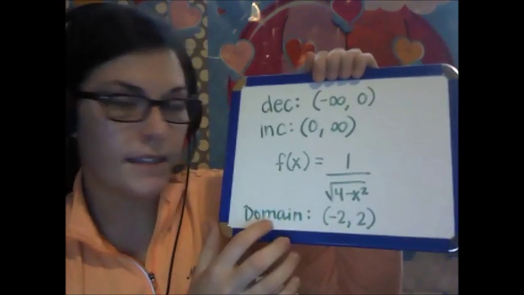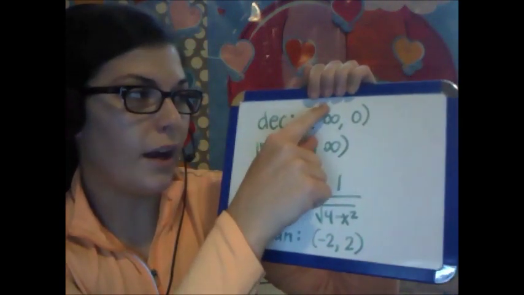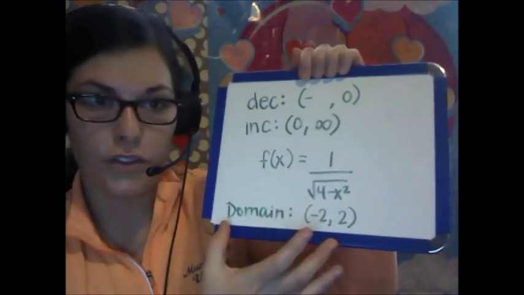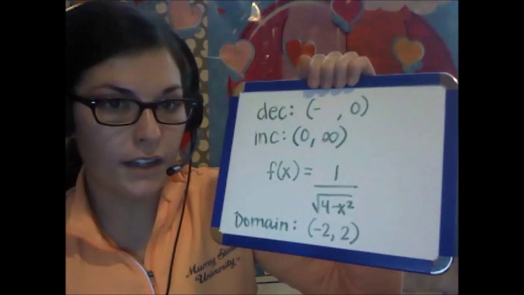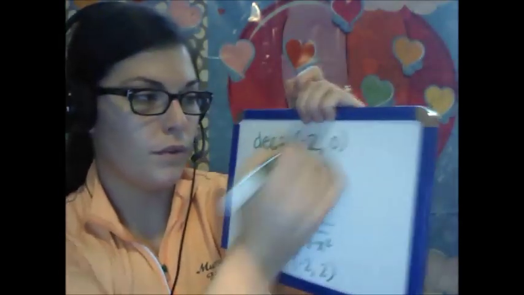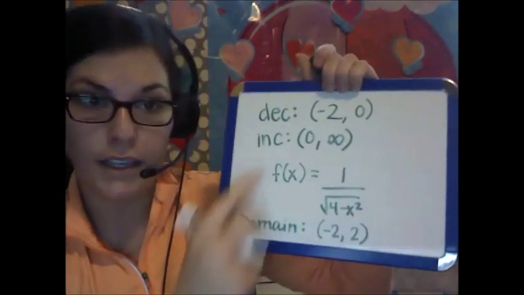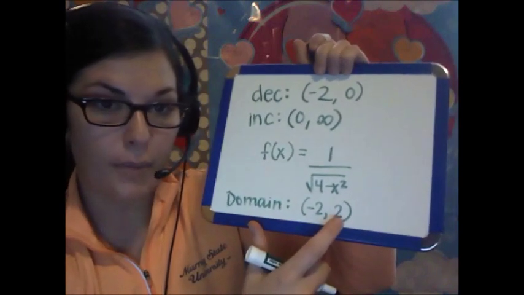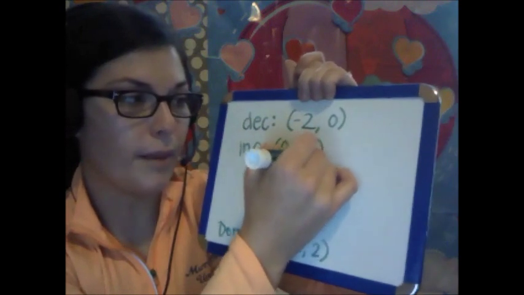So what that means is that in this situation, we are going to actually have to change our increasing and decreasing intervals to reflect the original domain of this function. So instead of having negative infinity here, I must start with negative 2, because that's where my domain begins. Then for the increasing interval, notice since my domain stops at positive 2, my increasing domain will also stop at positive 2.